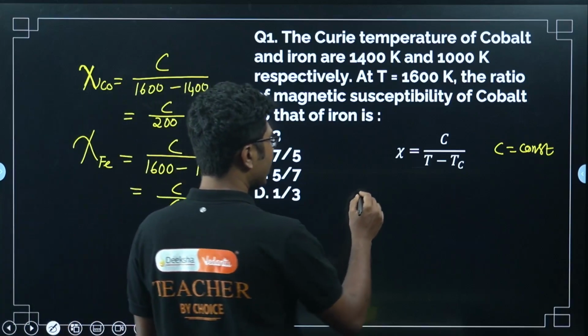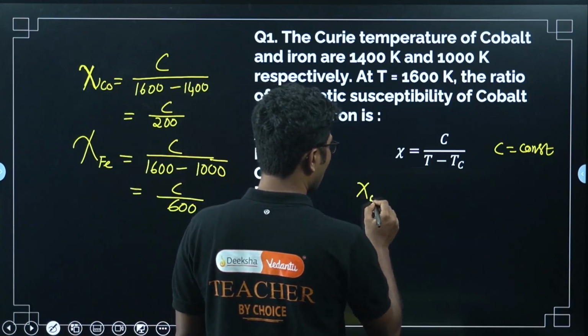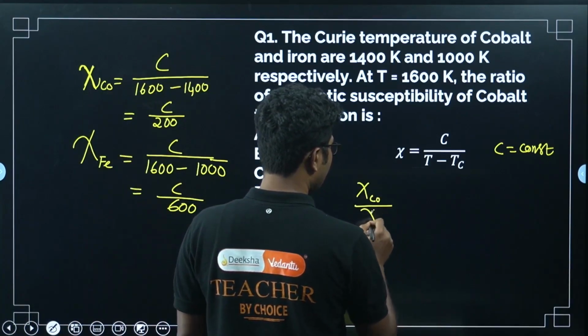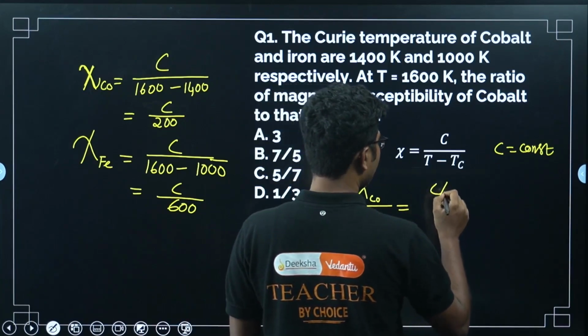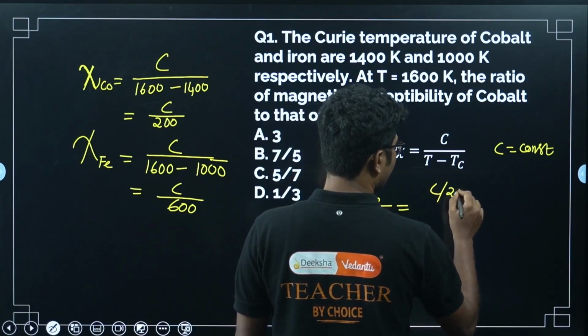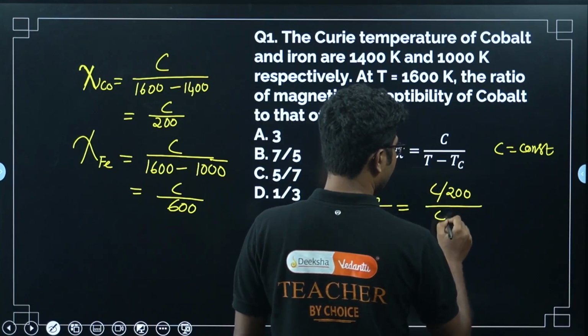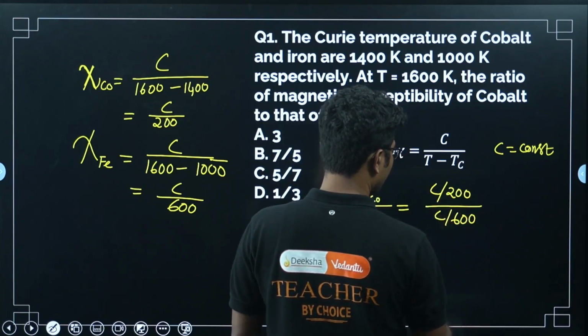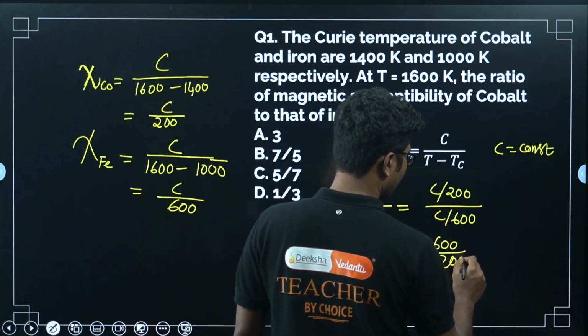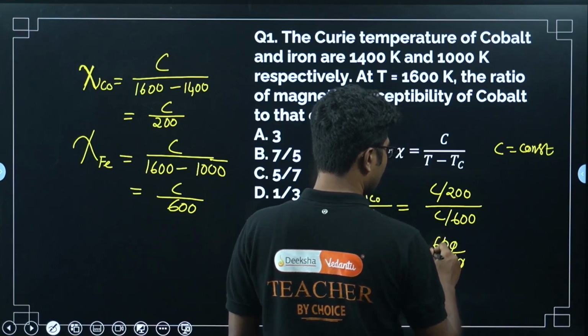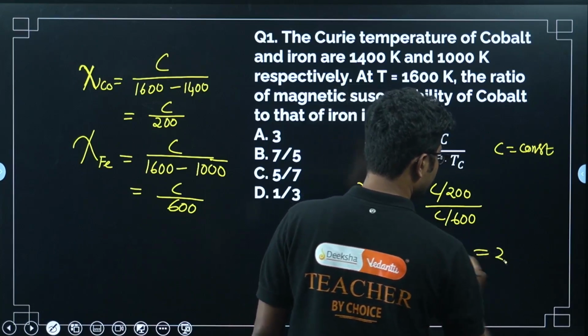So you have to find chi cobalt divided by chi iron, which is C by 200 divided by C by 600. So 600 will go up and 200 will come down, so it will be 3. So the ratio is 3.